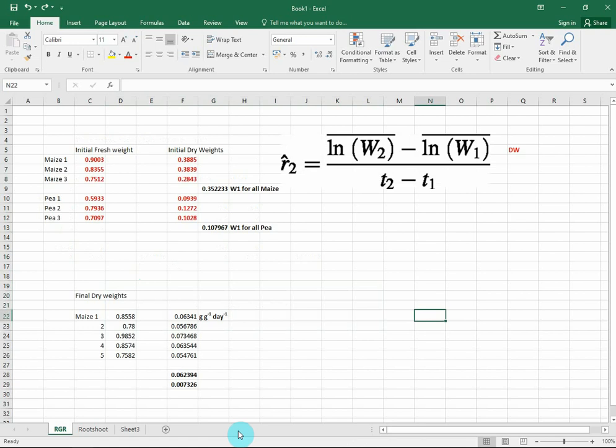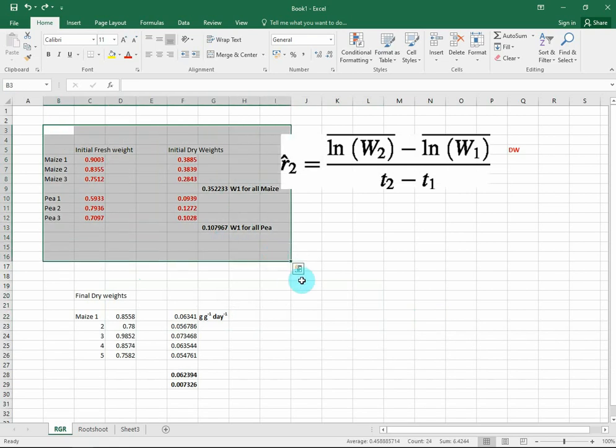Relative growth rate, this is where the drama comes in. This is the most important one. Now, this section here is what you will use from this experiment to the inorganic and organic, and to the light and dark prac. This is the information here. It will always be this. You just need to remember it.